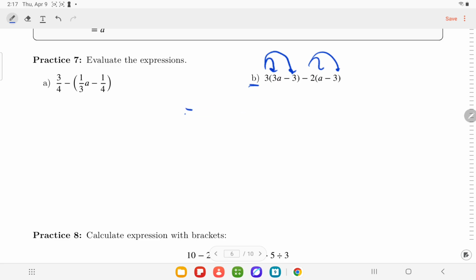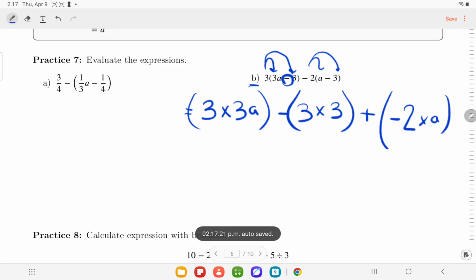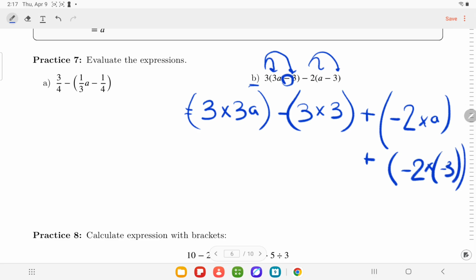So we're going to get 3 times 3a, minus 3 times 3, plus negative 2 times a, plus negative 2 times negative 3. And then we look at all the individual brackets.